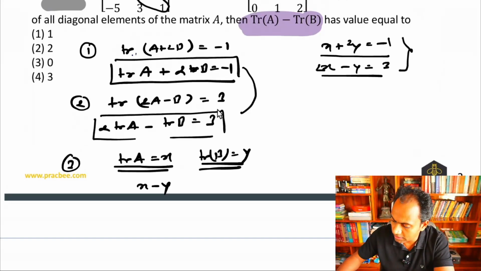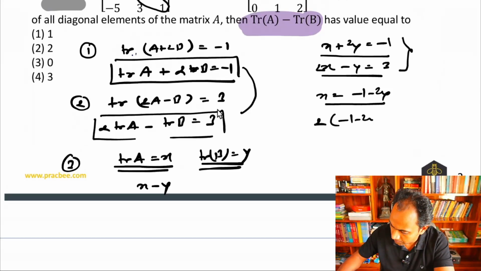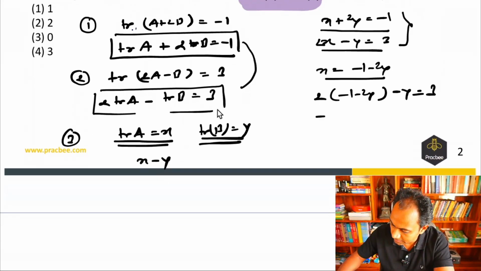In order to do that, we are first going to take the value of x from the first equation, that will become minus 1 minus y, and substitute in the second equation. So 2 times minus 1 minus 2y minus y will be equal to 3. So this becomes minus 2 minus 4y minus y is equal to 3.